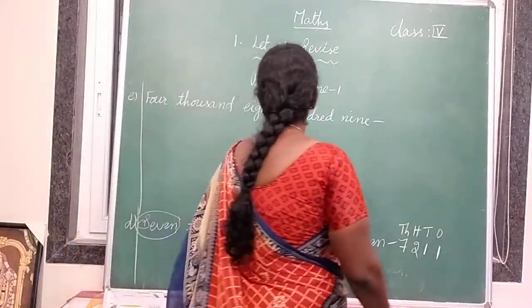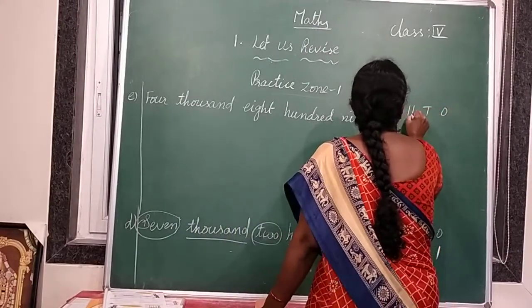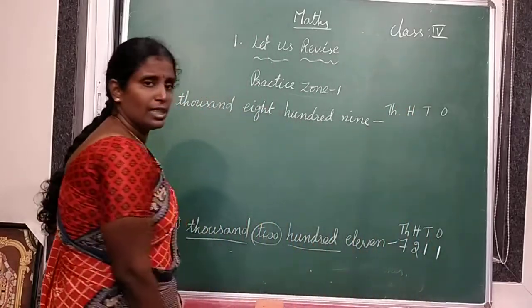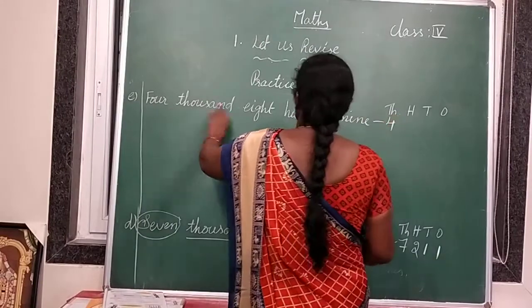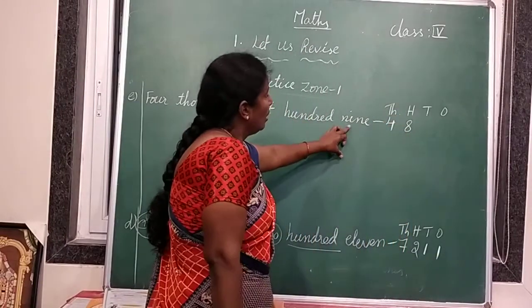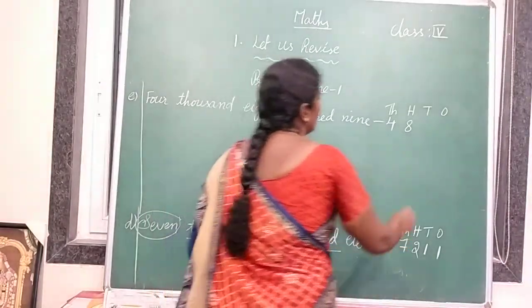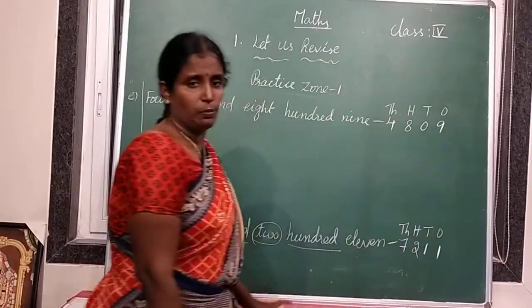For that, place values: ones place, tens place, hundreds place, and thousands place. How many thousands are there? 4,000. So 4. How many hundreds are there? 8. How many tens are there? No tens. So 0 in tens place and 9 in ones place.